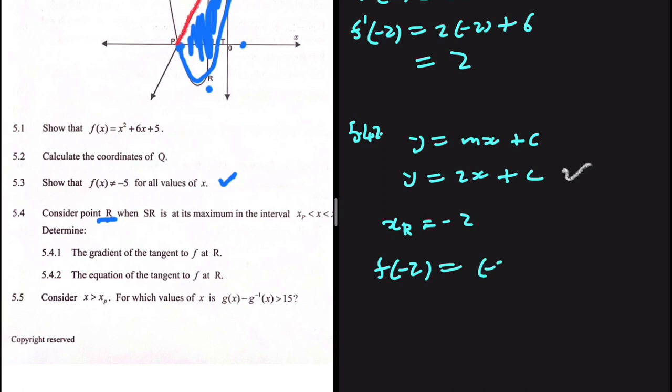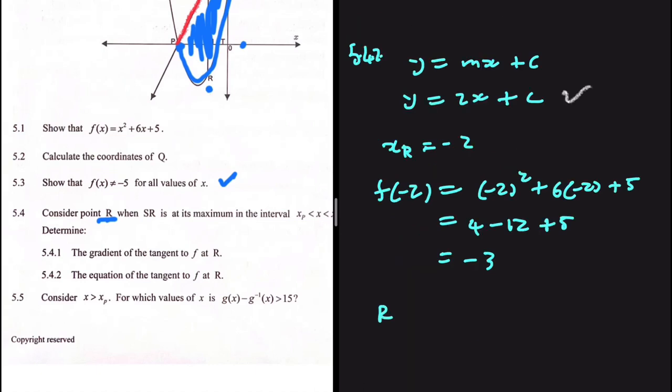So we're going to have minus 2 squared plus 6 multiplied by minus 2 plus 5. Minus 2 squared is 4, 6 multiplied by minus 2 is minus 12. So we have minus 8 plus 5, which will be minus 3. The coordinates of r are minus 2 and minus 3.